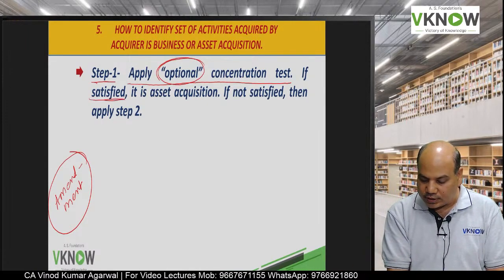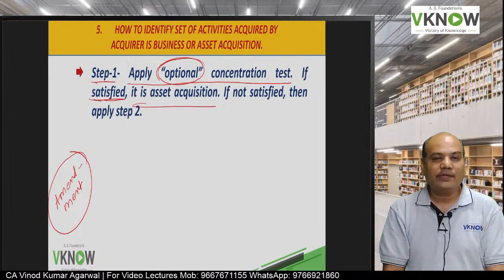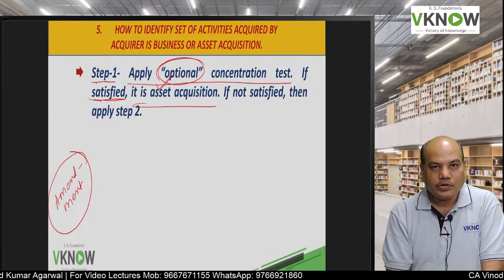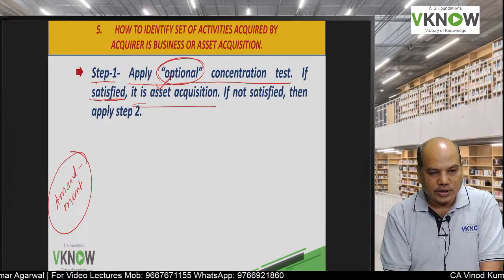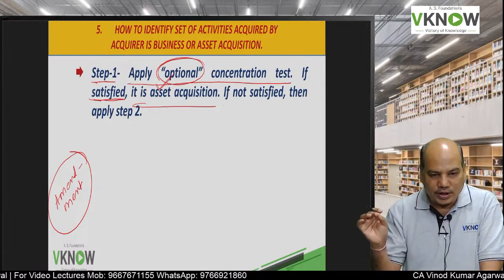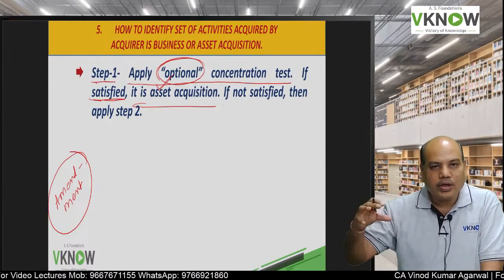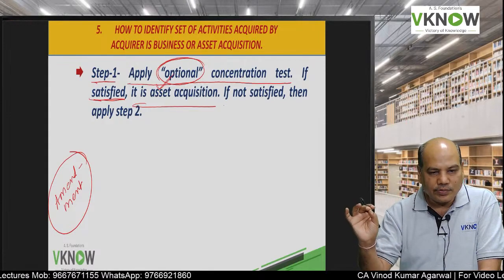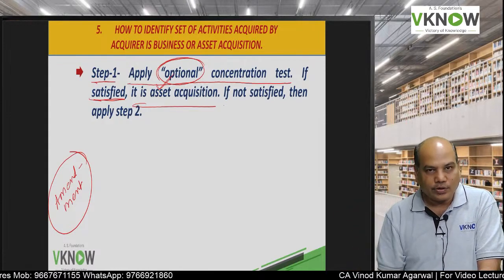If this test is satisfied, then it is an asset acquisition. We will discuss it in the next slide. First, apply the optional concentration test: whether the majority of the consideration you are paying is for one asset or a group of assets only. If that condition is satisfied, we will call it an asset acquisition.